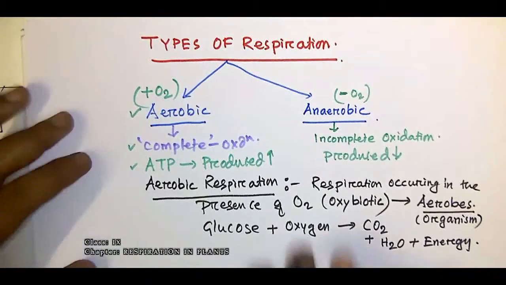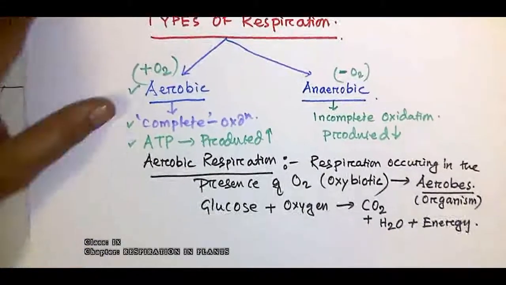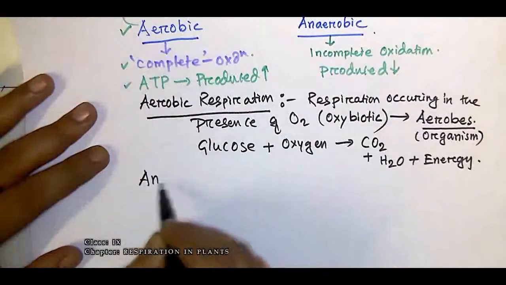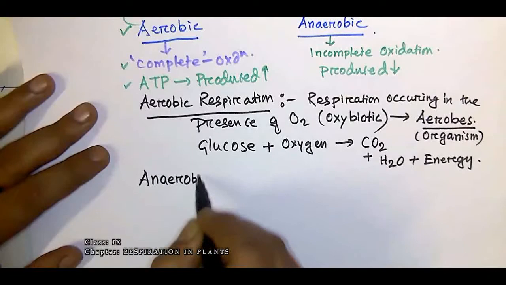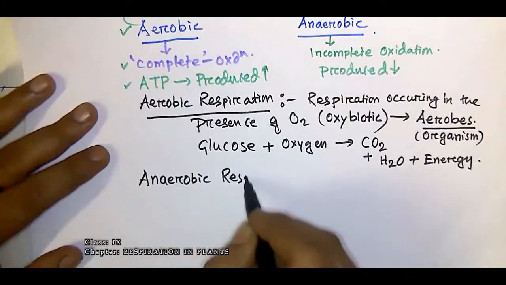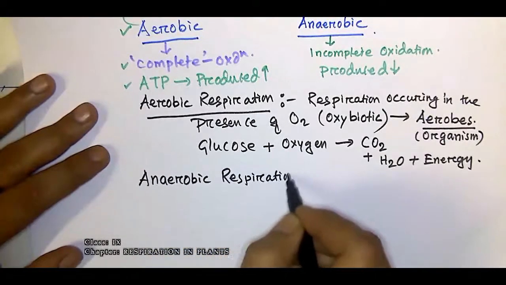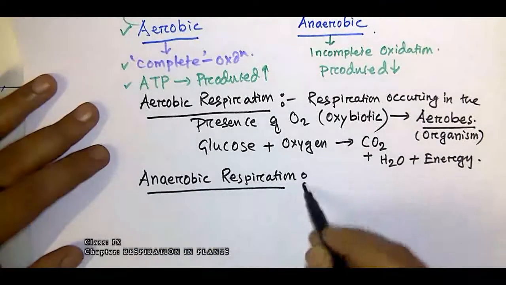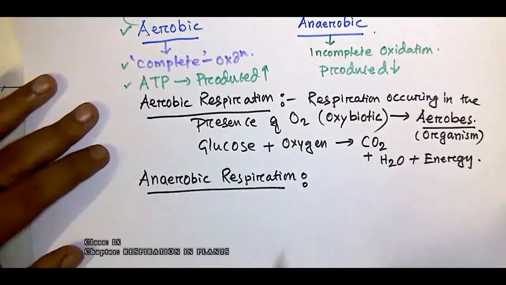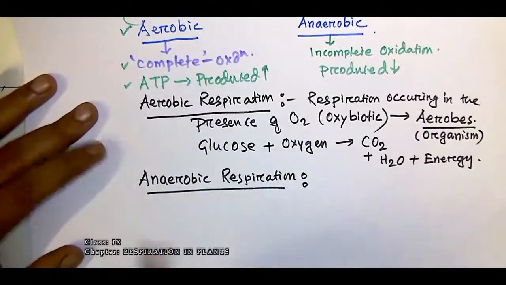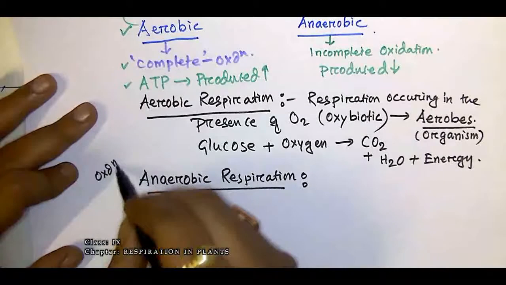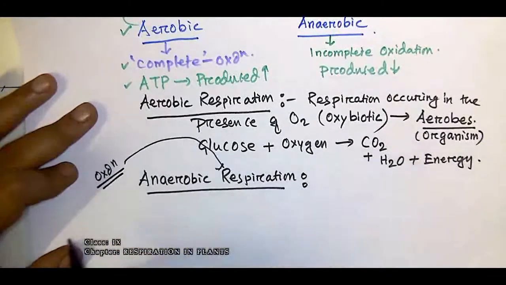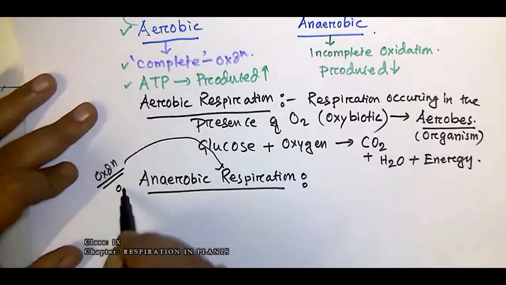Now let's talk about the second process. What was our second process? Our second process is anaerobic respiration. Now, this is a very interesting type of process because it occurs in the complete absence of oxygen. Do you remember I told you oxidation is directly related to respiration, and in the anaerobic process we are not using oxygen.